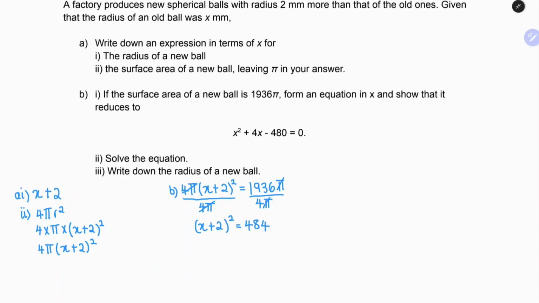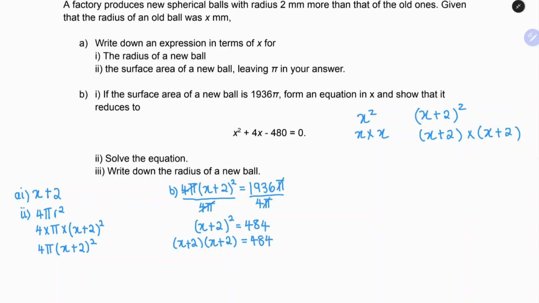And then what I'm left with doing is to expand. So x plus 2 squared obviously means x plus 2 times x plus 2. So let's write it in this form: x plus 2 times x plus 2 equals 484.